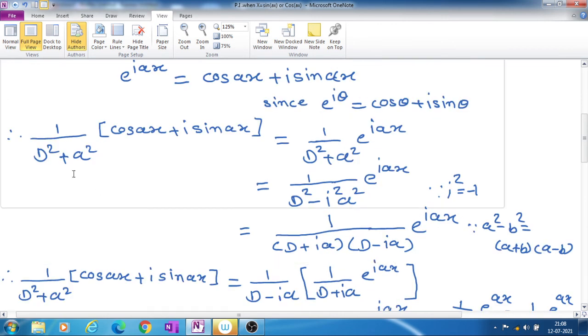So here in the LHS we have written 1 upon D square plus a square into, you see initially we started with 1 upon D square plus a square into the bracket cos ax plus i sin ax, and the value of this cos ax plus i sin ax is e raised to iax. So we have written here e raised to iax, and we have solved this RHS.